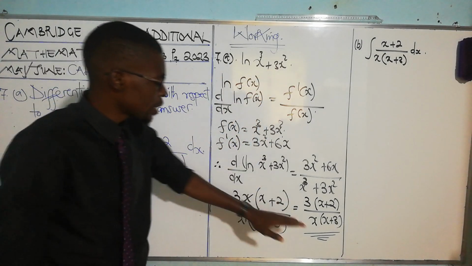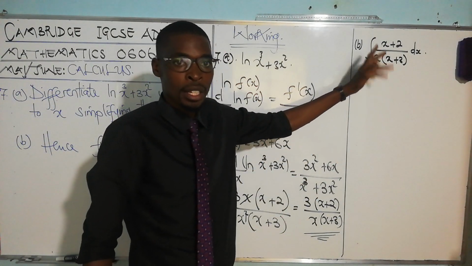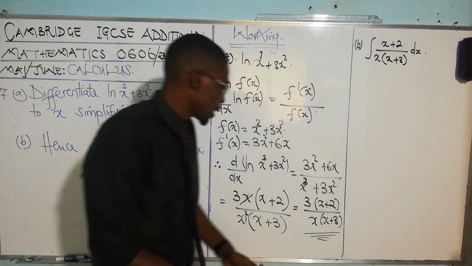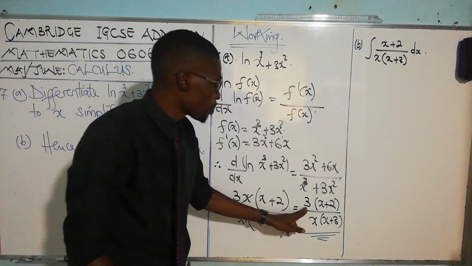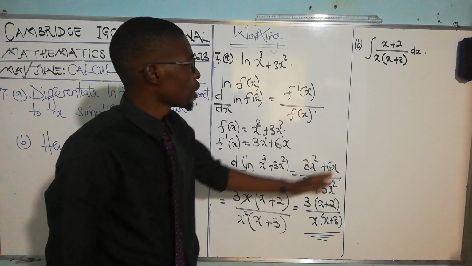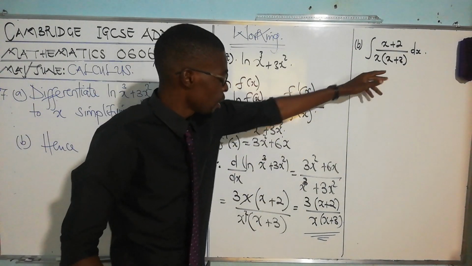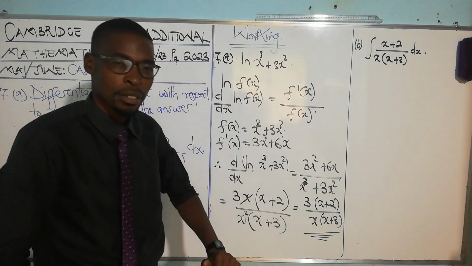Now, when you look at what we got after differentiating and what we are asked to integrate here, these two are similar, only that this one is a product of this one and 3. When you multiply 3 and this one, you will get the derivative that we have.